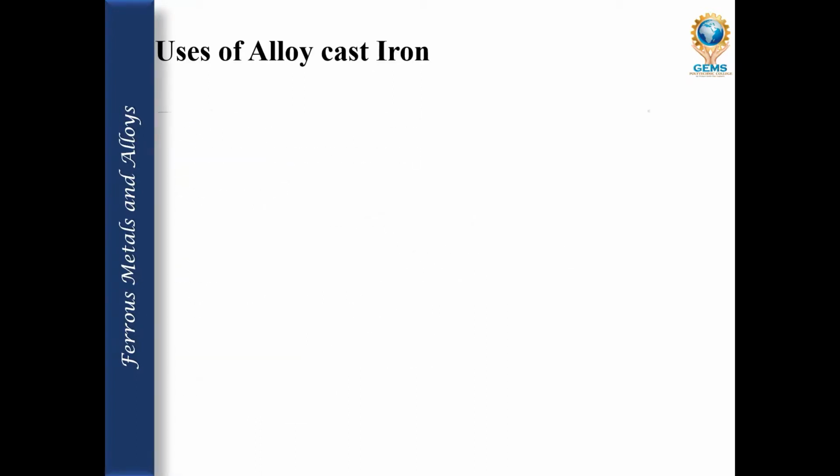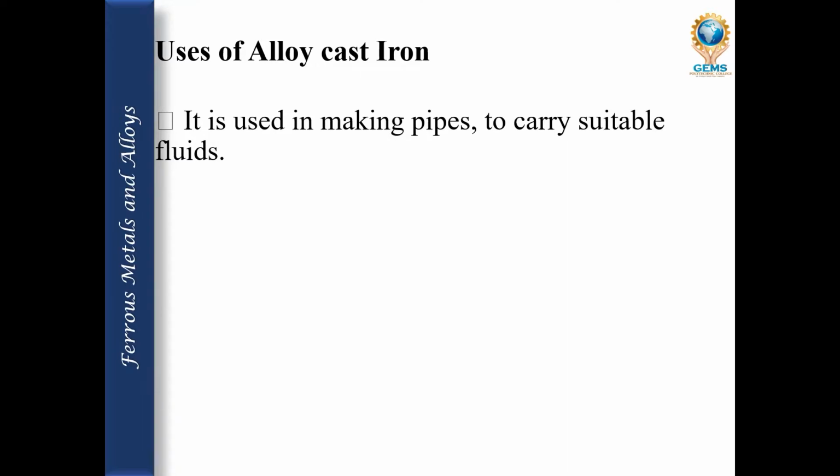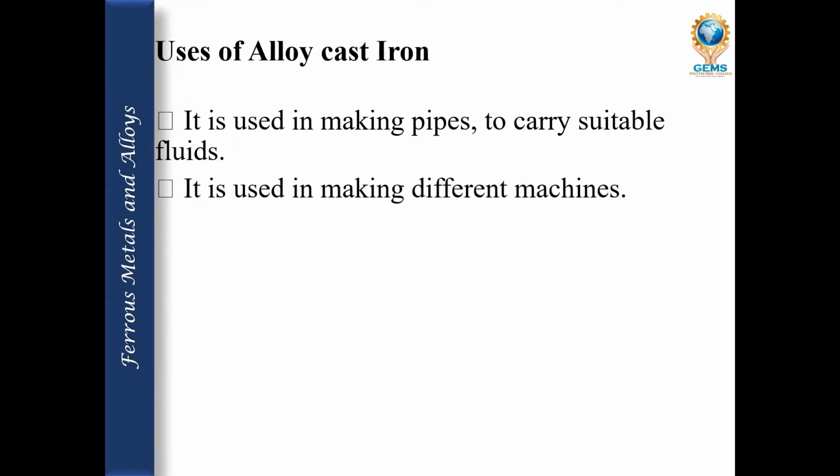Next is the use of alloy cast iron. It is used in making pipes to carry suitable fluids. These alloy cast irons can be made into pipes to carry fuels. The pipes we always see transport petrol and such from one area to another.